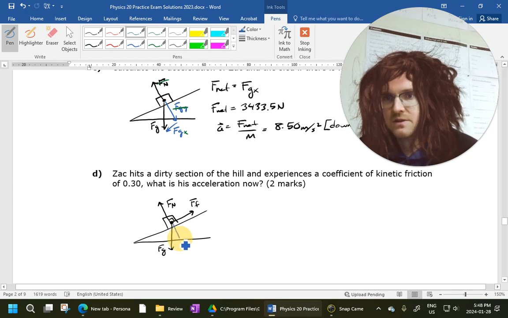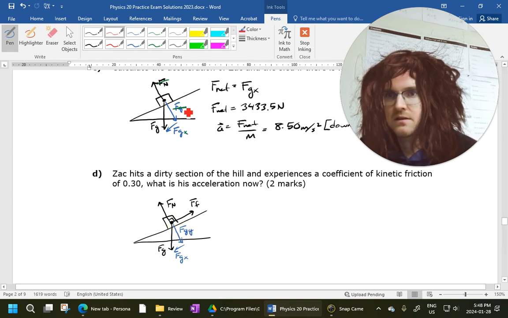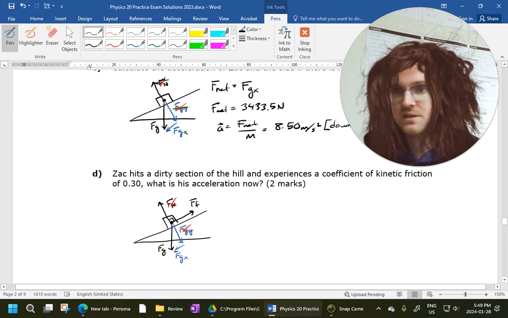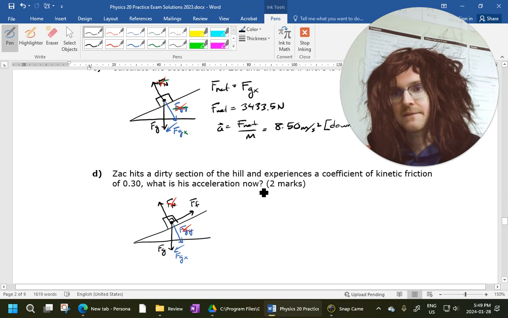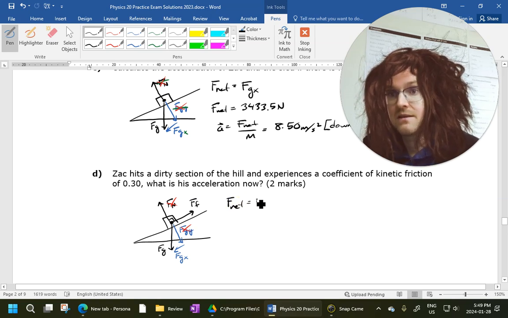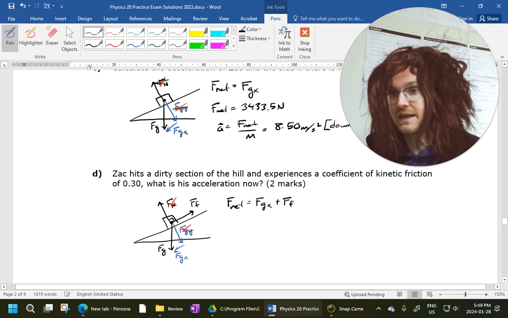Alright, so let me just draw out some things here. Got FGX, got FGY, the FGY and the FN cancel each other out, but they're still there. The forces don't just disappear. They are still there. That's why that's important, is because when I do my F net, which is going to be FGX plus this FF now, we have to find out what FF is.